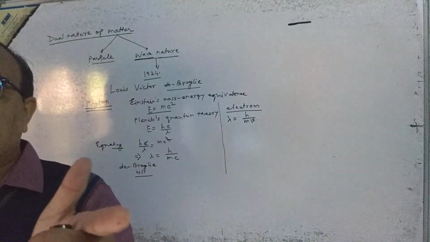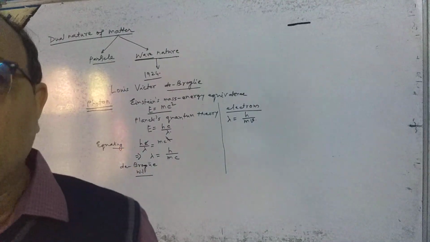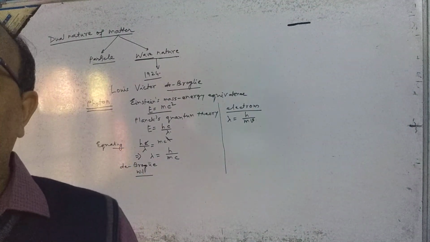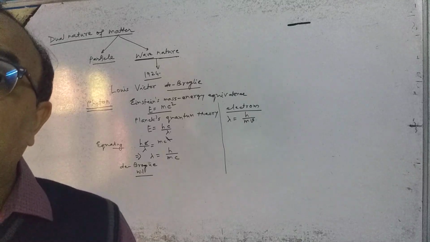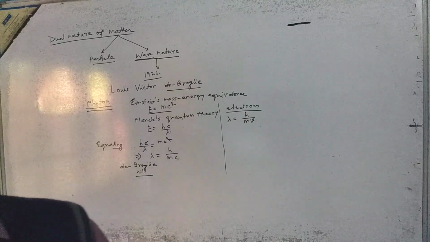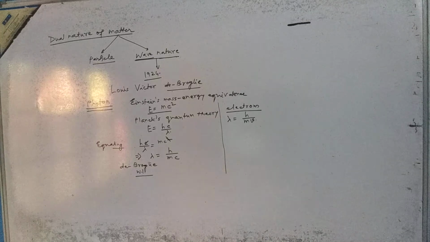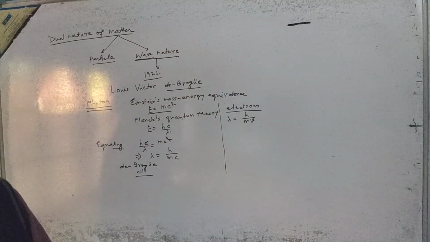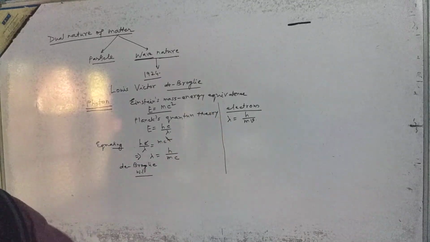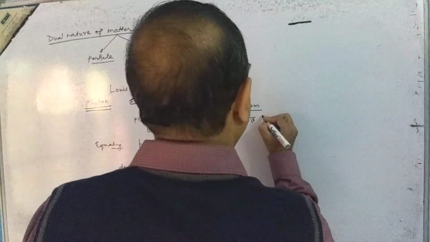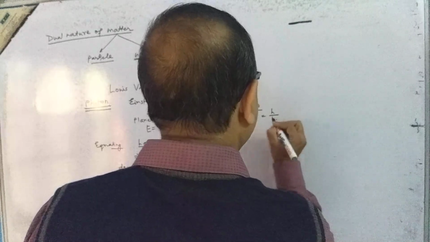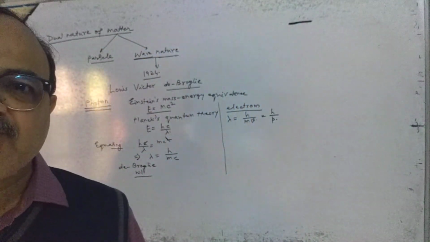I will not write mc in that case because electrons never travel with the speed of light; it is slightly less than the speed of light. So h/(mv) is a general expression, or you can also write h/p.